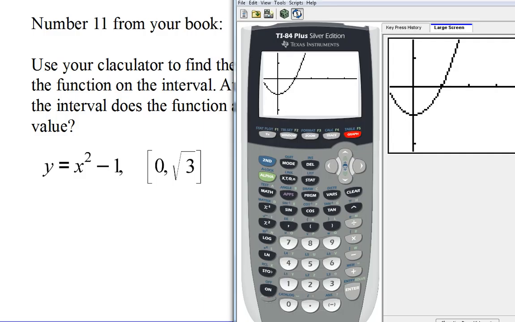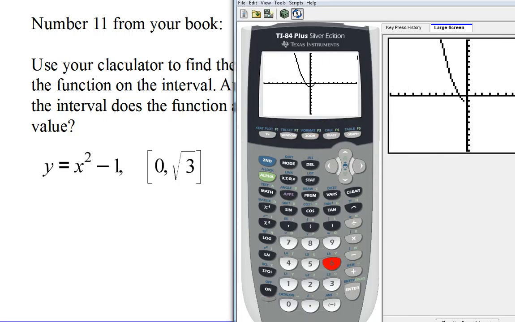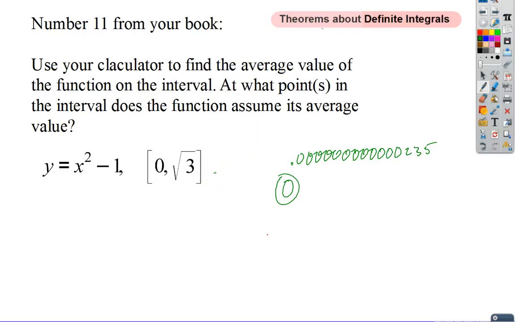Where is this going to equal that? Hopefully you're able to see that if I go zoom, zoom 6, that's what you should probably look at. Where does it achieve it? Hopefully you can see this is going to be at plus or minus 1. That's where it happens, and that's what your answer is going to be.